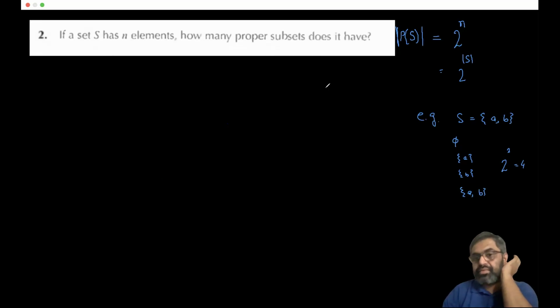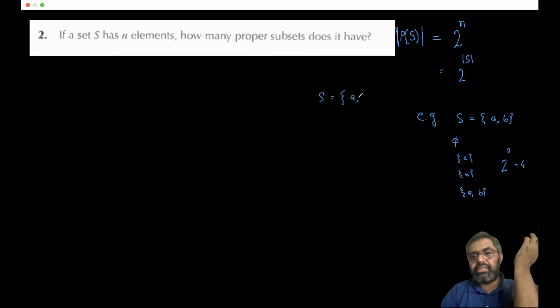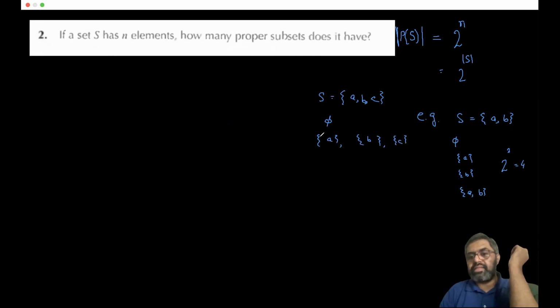If we have 3 elements, for example, S is A, B, C, or X, Y, Z. We have the empty set, then single element sets: A, B, and C. These are subsets with only one element. Then we can have sets with two elements: A, B. So try all possible combinations.